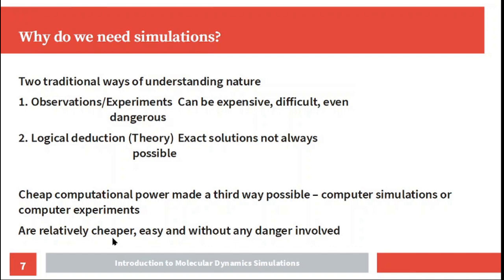They are relatively easier to perform. You don't need to depend upon any other equipment, and there is no danger involved in these experiments. You can even simulate fires, you can simulate very high pressures, you can simulate anything that involves danger, and it won't cause any danger to you.